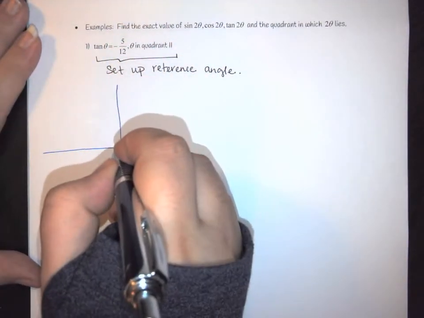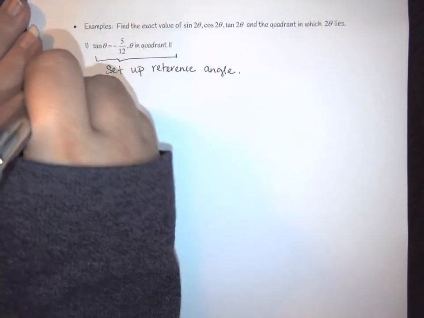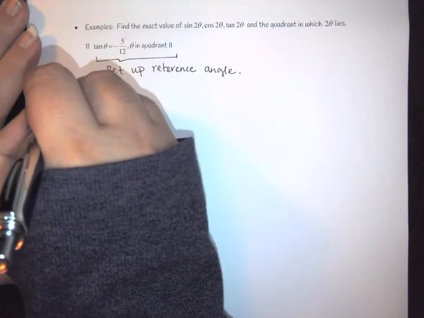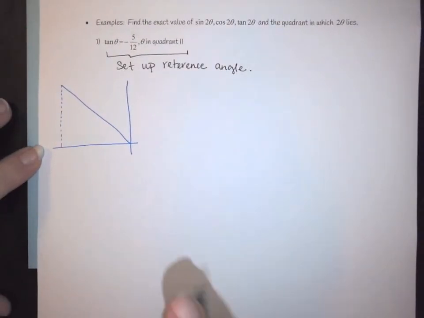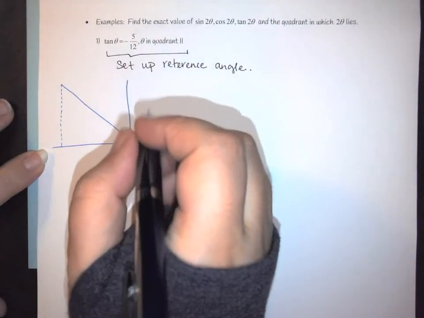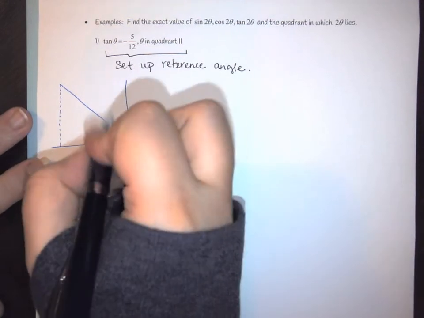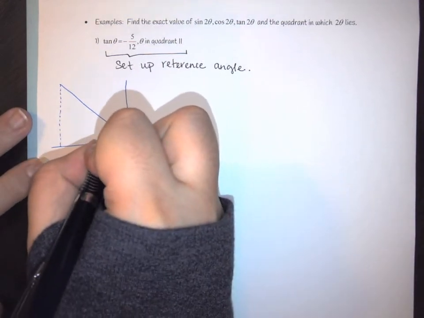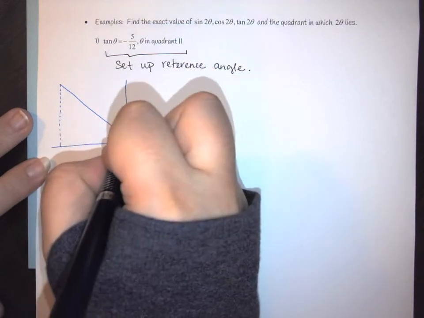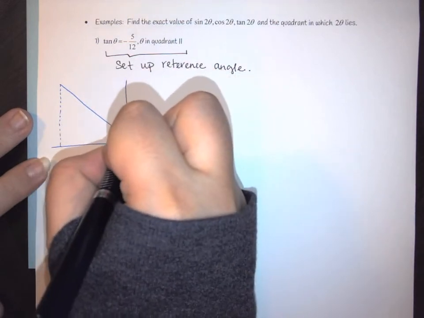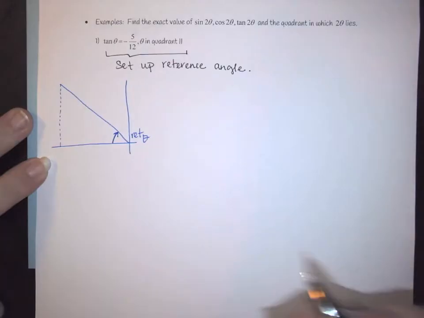So my angle is going to be somewhere here, I don't know where. So I'm going to go ahead and drop in, and I'm making it a dotted line because we don't know what the angle is, but this piece right here is going to be your reference angle.